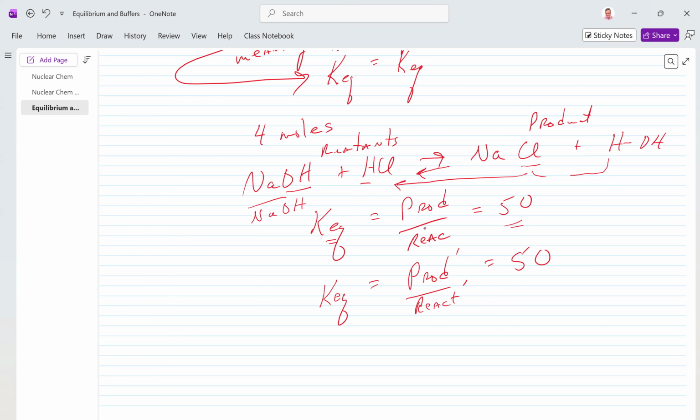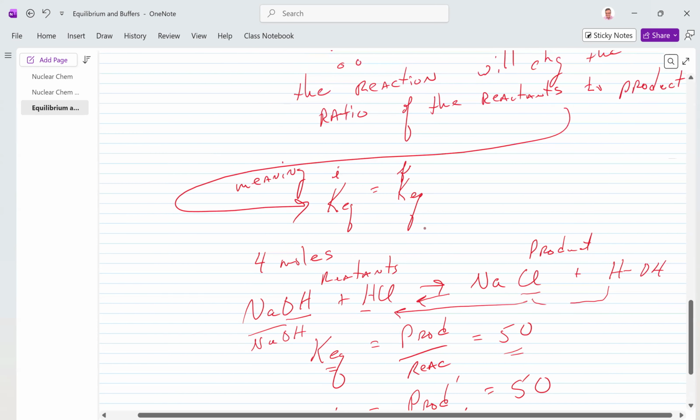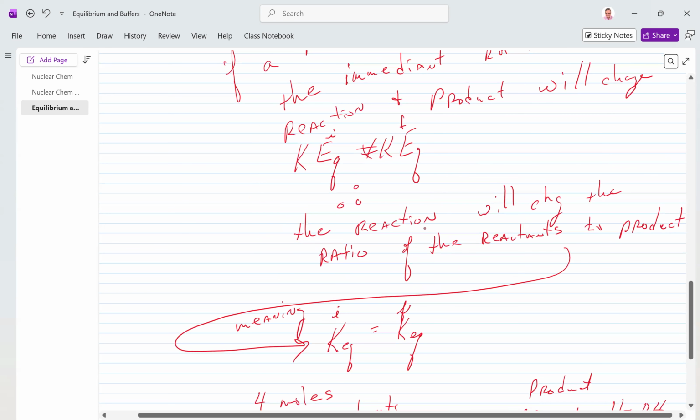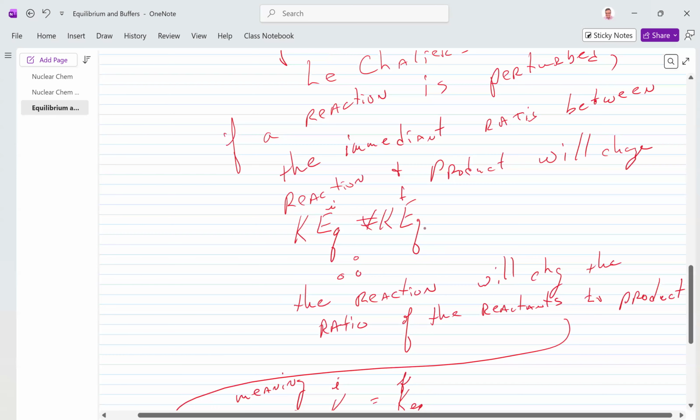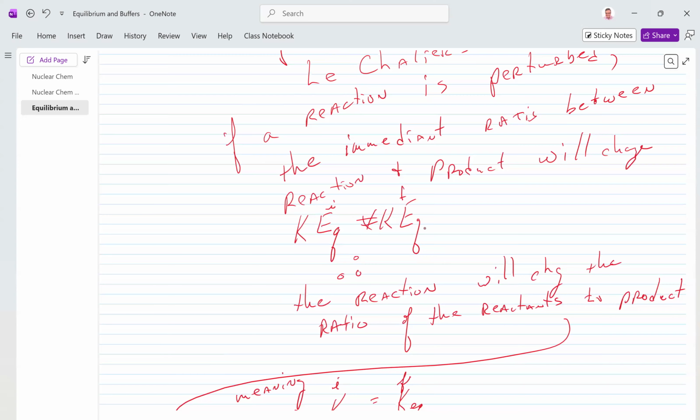Now in your lab, you're going to be doing quite a few of these just to get practice at it. But this is a theory. You've got to maintain the KEQ. So any change will end up at the new equilibrium point. The ratio will remain the same.